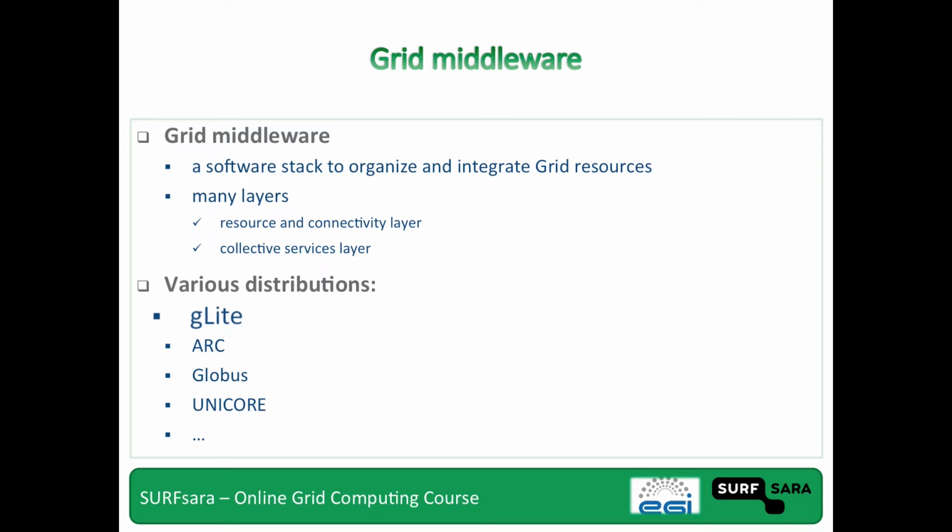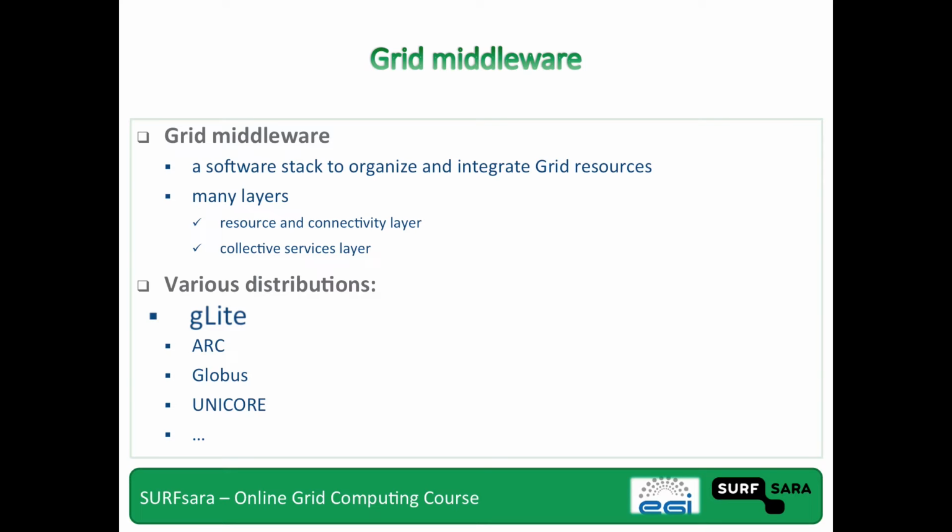The middleware we use in this course is called G-Lite. We first met G-Lite commands when we used the G-Lite WMS job delegate proxy command to delegate our credentials to the WMS. G-Lite comes from a number of current and past grid projects like Globus, EGI and EMI.